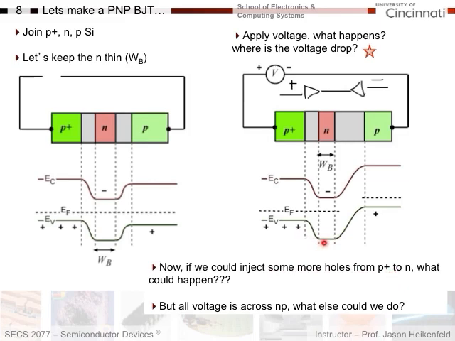If we could just start injecting holes into here and get them over to here, they could drift out the collector. The problem is that all of our applied voltage is across the base collector here, right? So the question is, what else could we do to get voltage drop across the emitter and the base here to start injecting holes by forward biasing this diode?